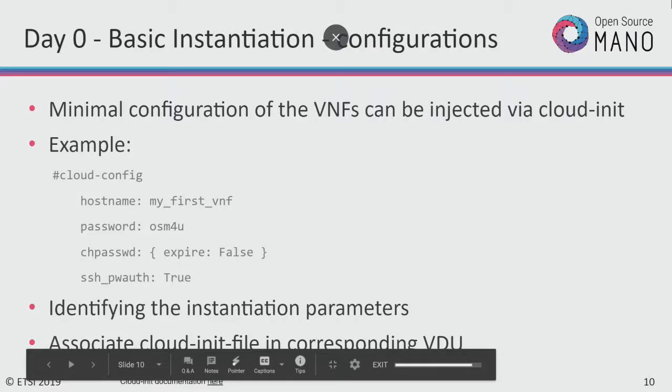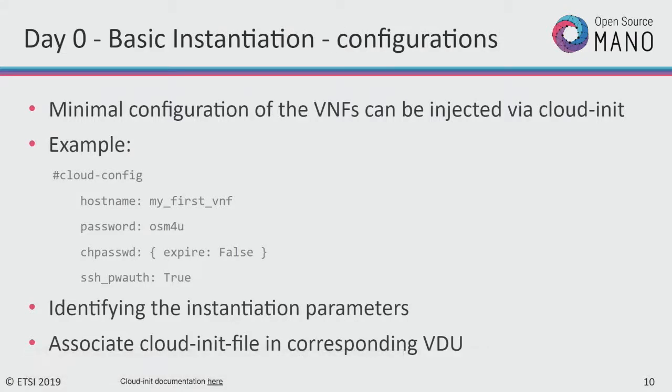Another thing that we need to do is to include the cloud init file inside the VNF package. Okay? And then you reference that cloud init file inside the VNF descriptor. That's what Adrian has shown you.